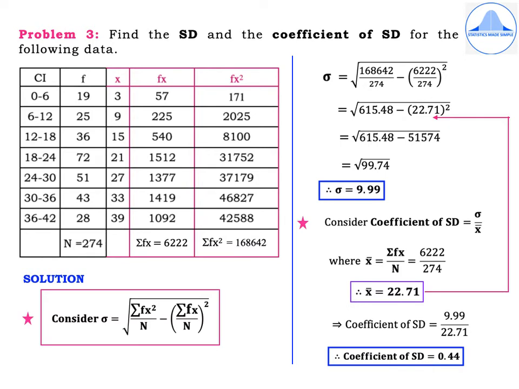If you observe very carefully, as I have highlighted with the pink line, the x bar value is similar to what is already there in the sigma expression, that is 22.71. So you can use that value directly for x bar, and there's no need to write the formula for x bar again and calculate it. So you get coefficient of standard deviation is equal to 9.99 divided by 22.71, which is equal to 0.44.